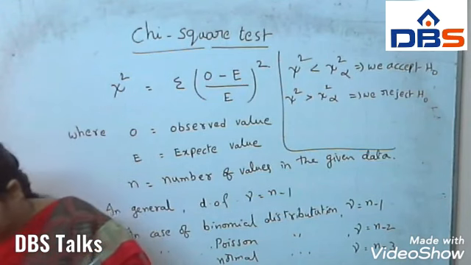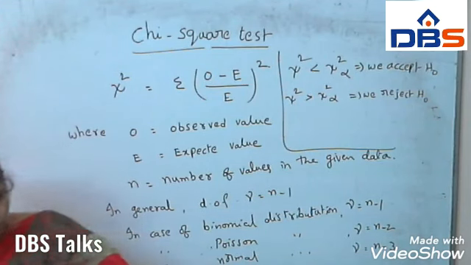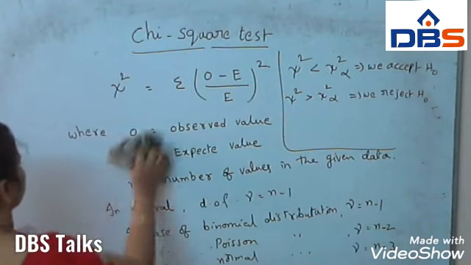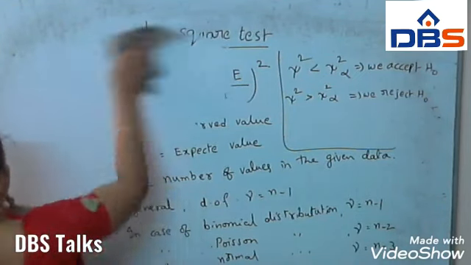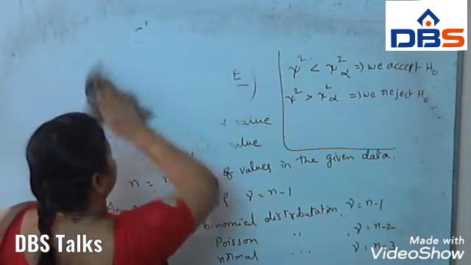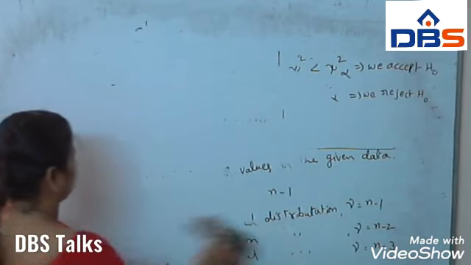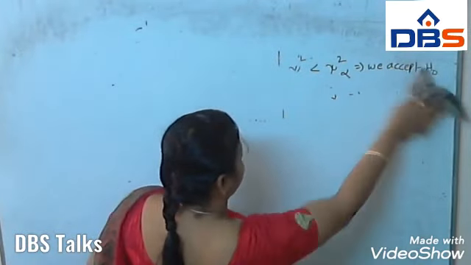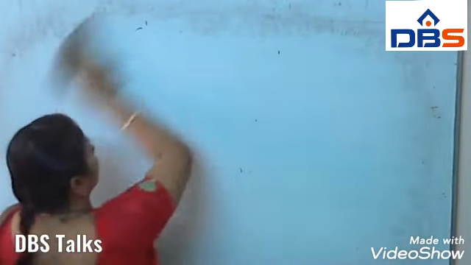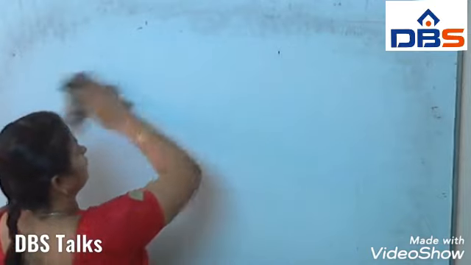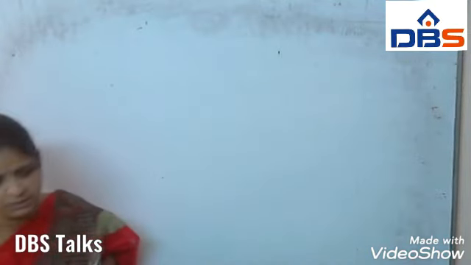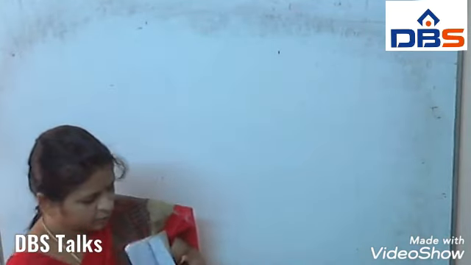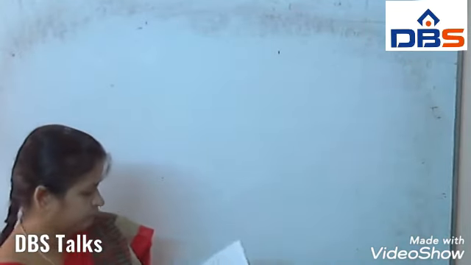Now, let us go for an example. Using the chi-square test, we can test whether the given data is suitable or not, whether the given information gives the correct result or not. That is the method.